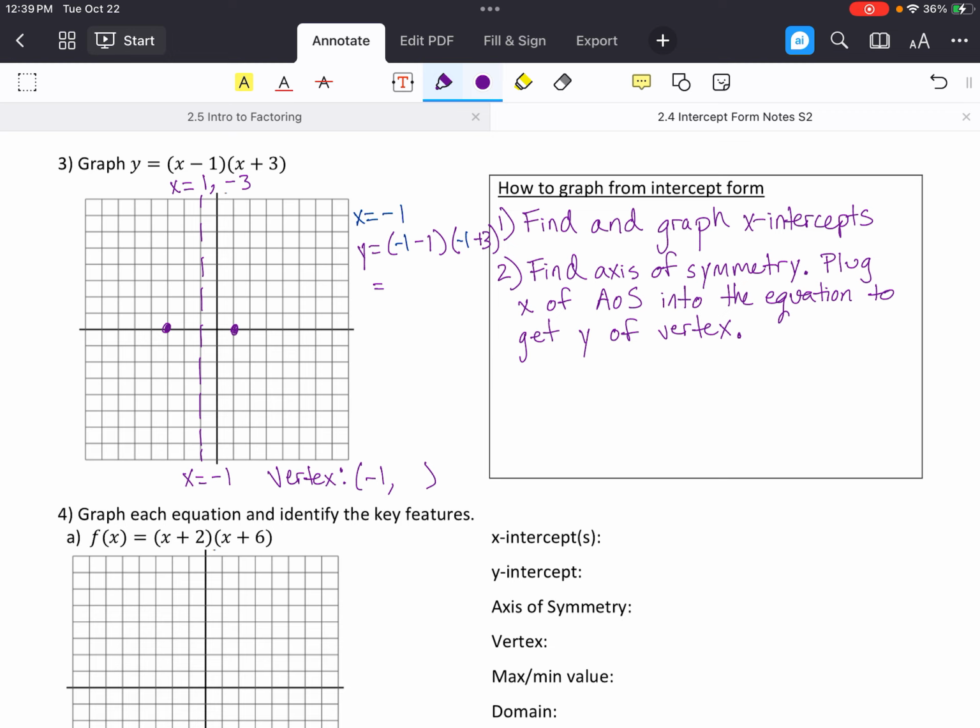When we simplify that out, -1 minus 1 is -2, -1 plus 3 is +2, so we get -4. So my vertex is -1, -4. And you can plot that point.